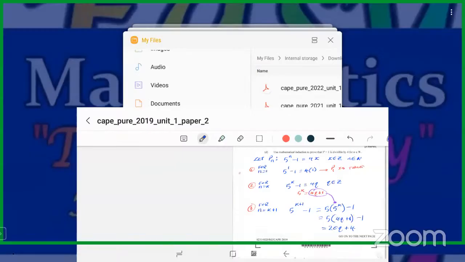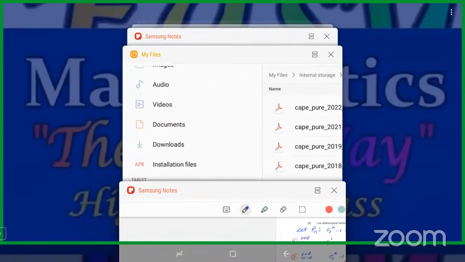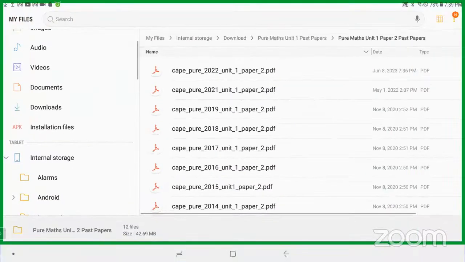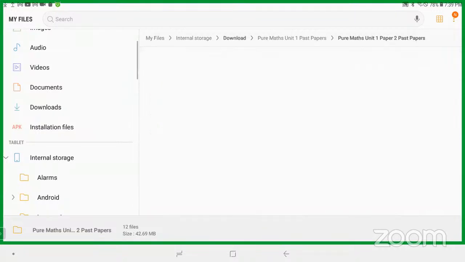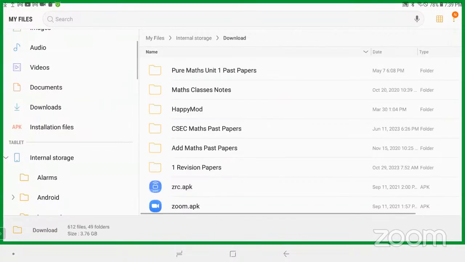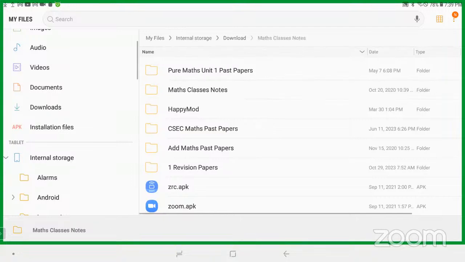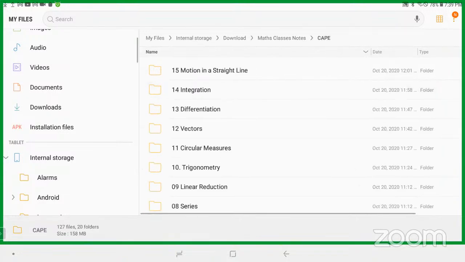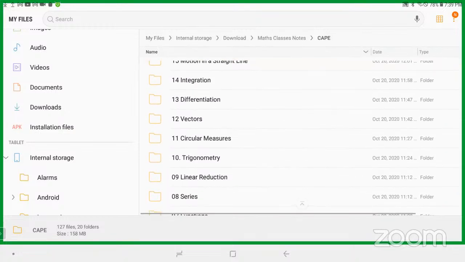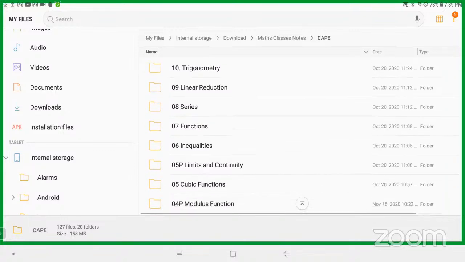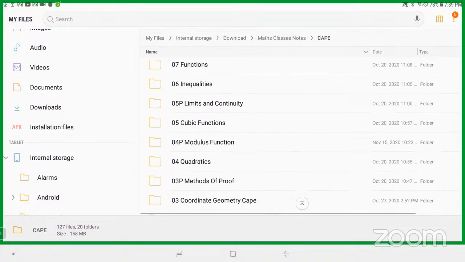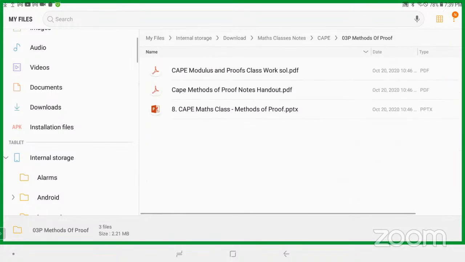So let me look at the worksheet from the class for that. How we did that topic. All right, so let me look at it from here. It's mathematical proof, right? Proof by induction. Where is it? That's proof.